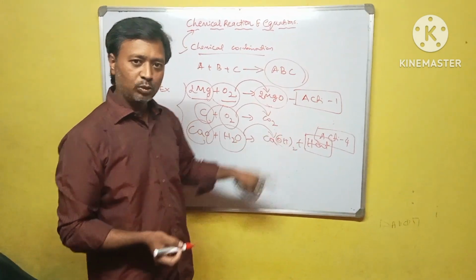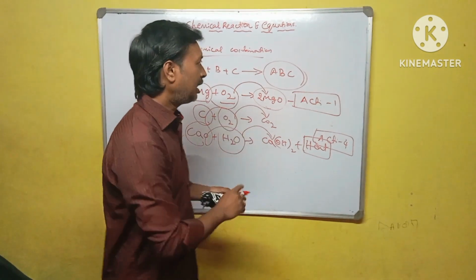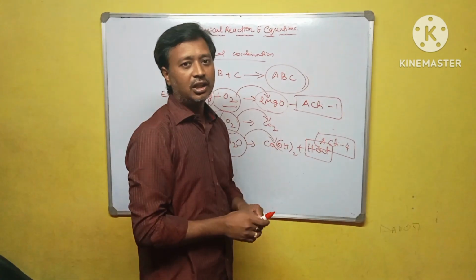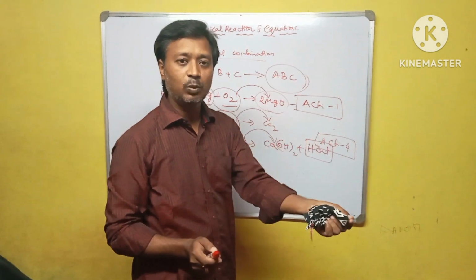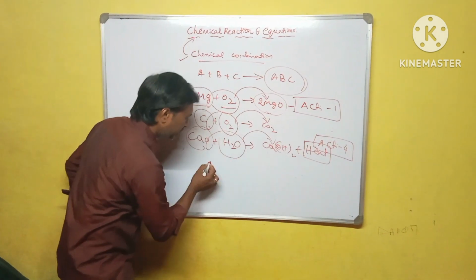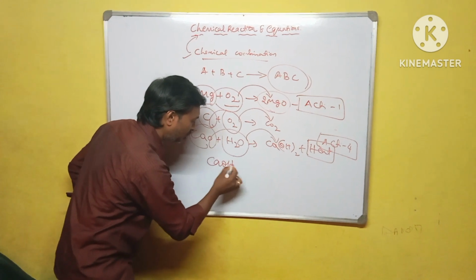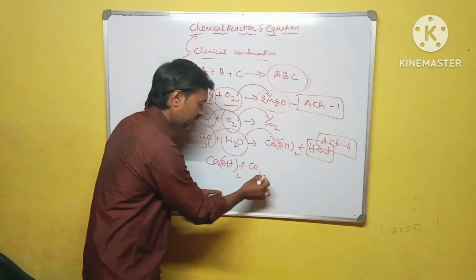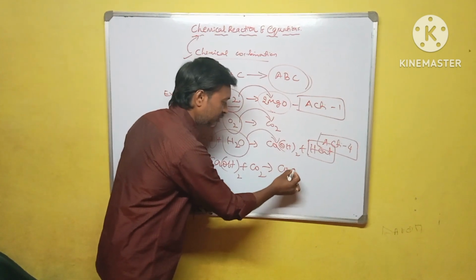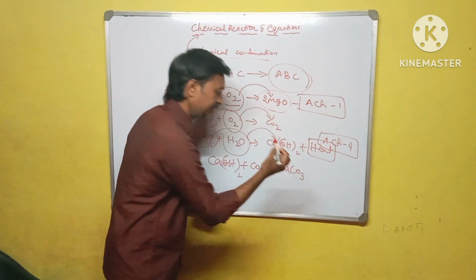And one more question they can ask you: after whitewash, why does the wall turn milky white? Because calcium hydroxide absorbs carbon dioxide and converts into calcium carbonate.